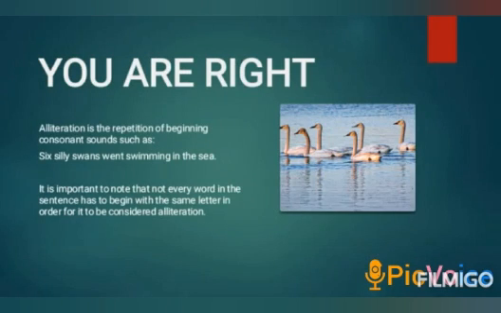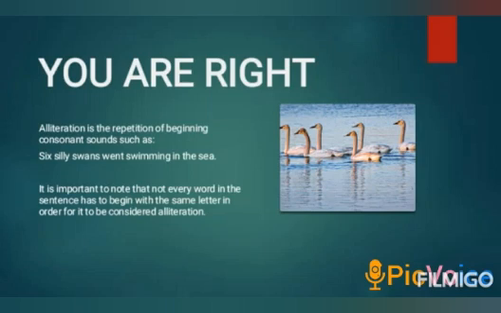So what is alliteration? Alliteration is the repetition of beginning consonant sounds, such as six silly swans went swimming in the sea. As you have seen, the first letter of every word starts with the same consonant sound.